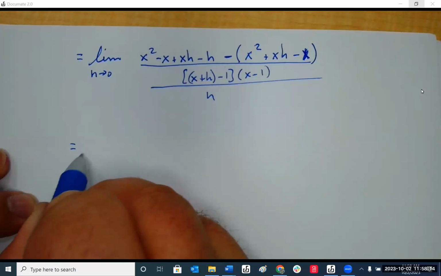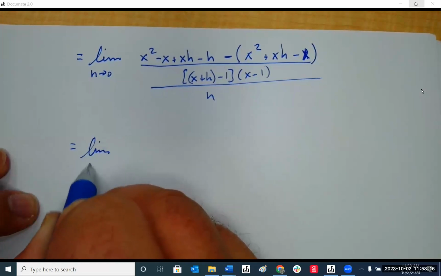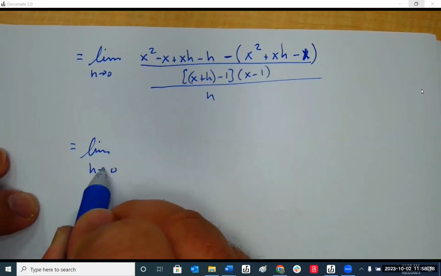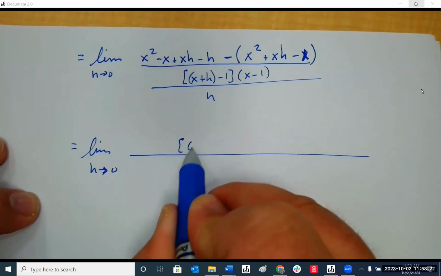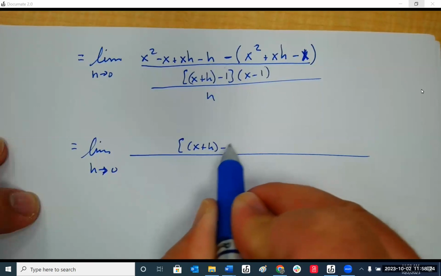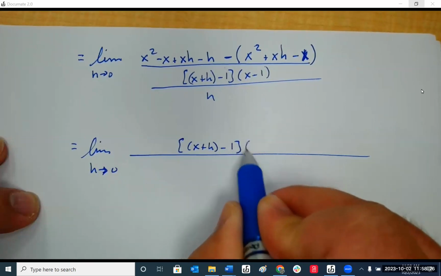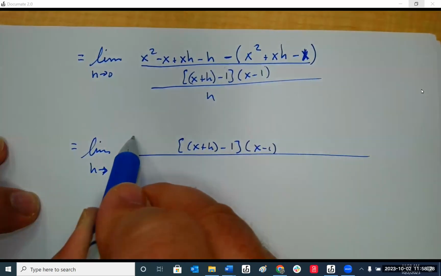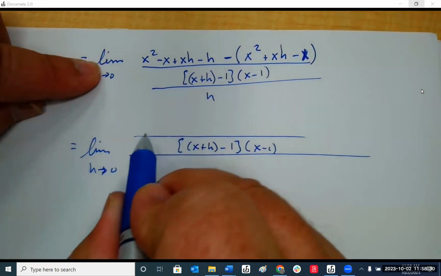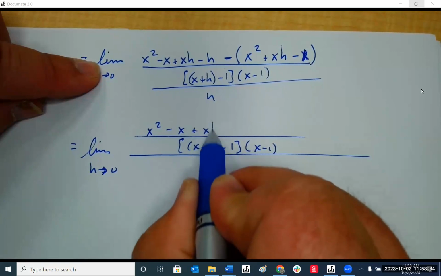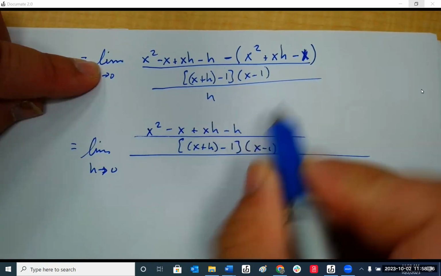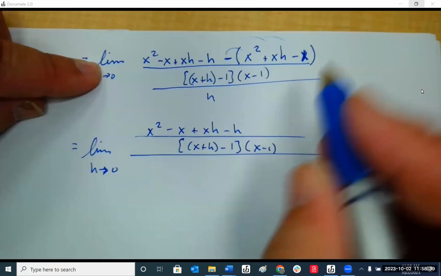Well, first let's get rid of the parentheses. x plus h minus 1, x minus 1. So we have x squared minus x plus hx minus, change all the signs.